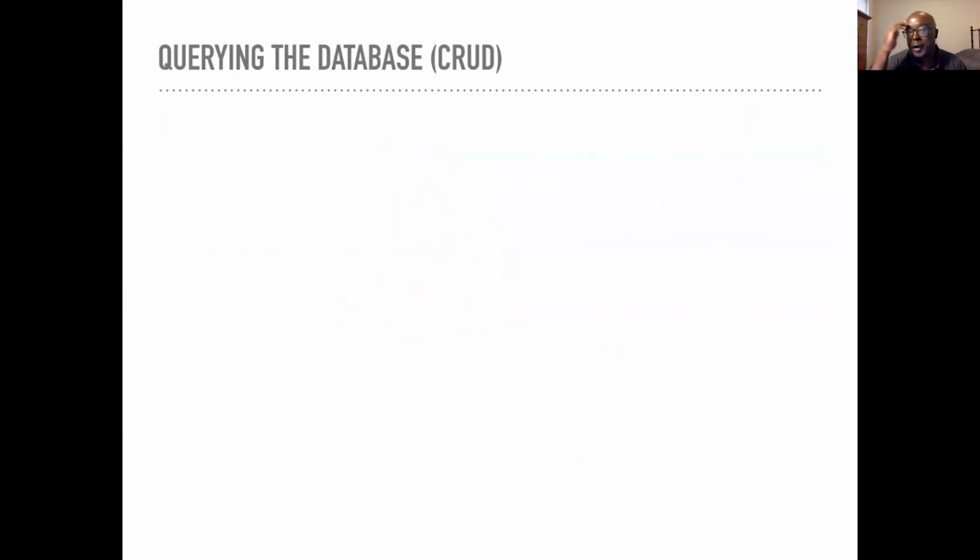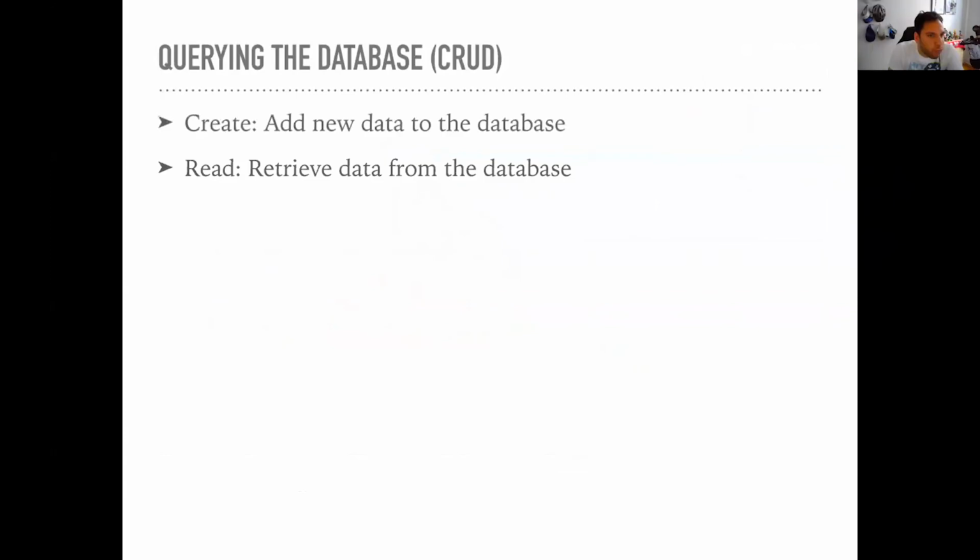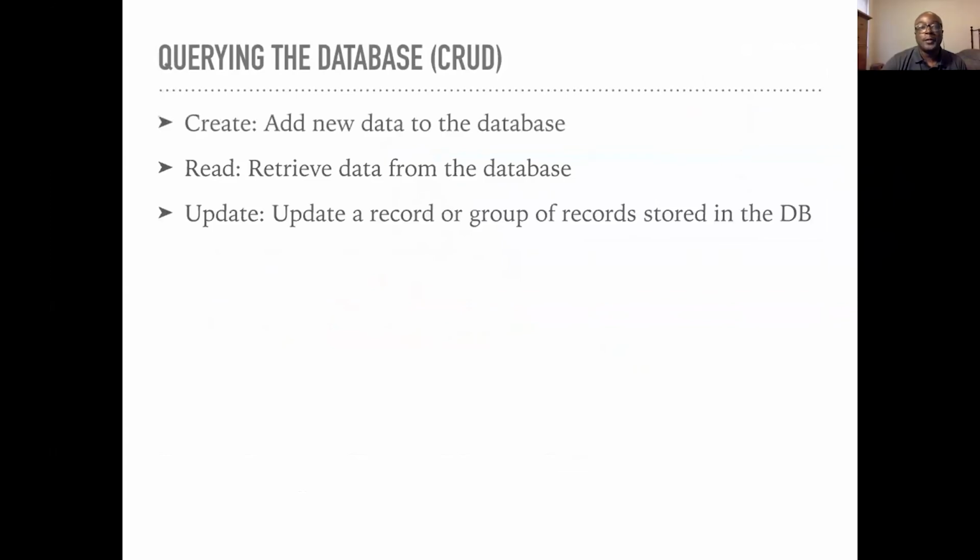When we talk about querying the database, there's an acronym that we use. It's called CRUD. Create: if you want to add data to the database, you're creating a record. Read: you want to retrieve data from the database. Update: you're updating records in the database, one or many.